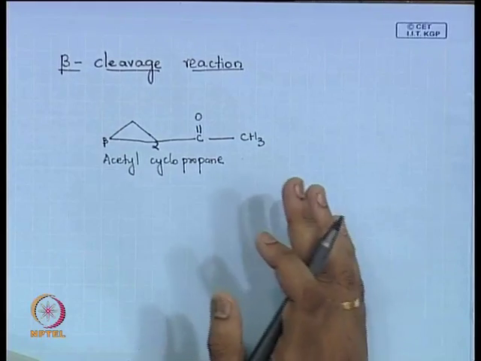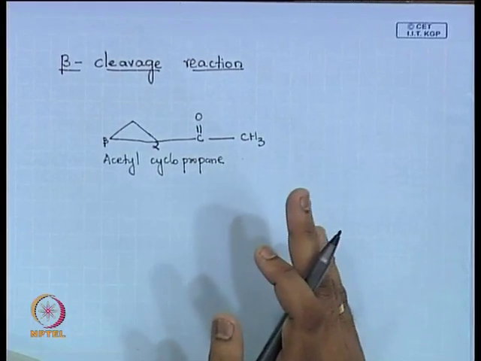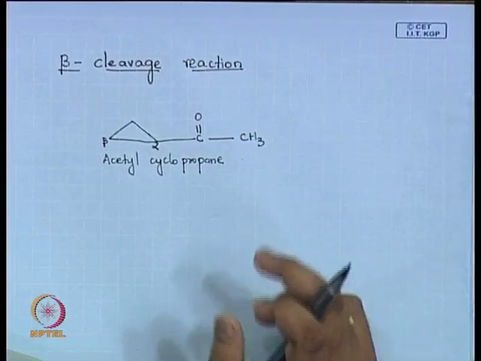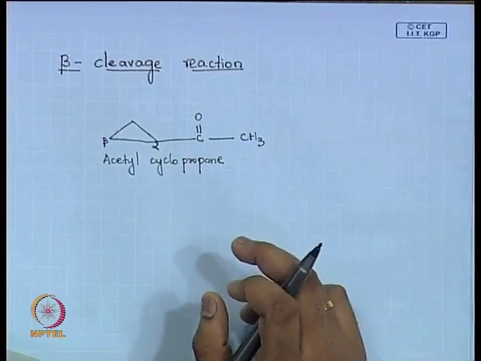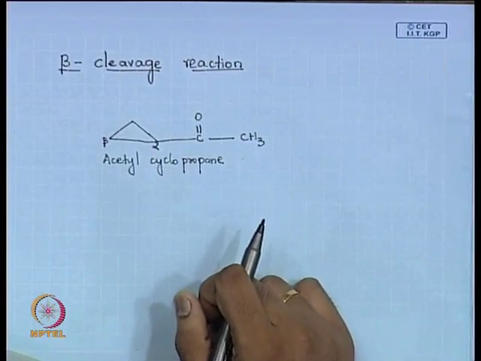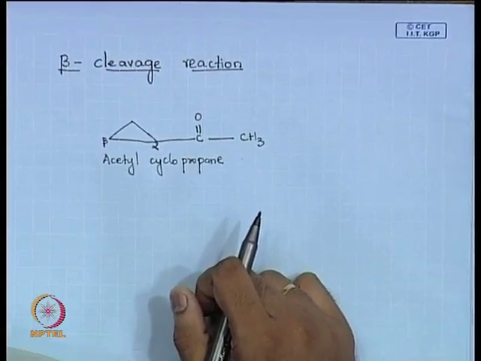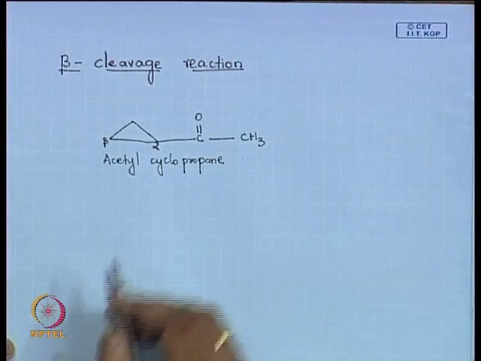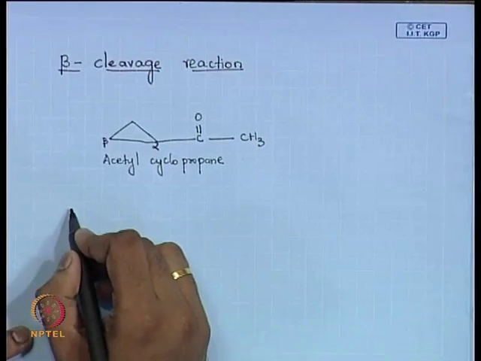So, a carbonyl system where you have a weaker C alpha and C beta bond, when you excite the carbonyl, you will get chemistry from beta cleavage reactions. Now, we will take the same example and see how the chemistry works.